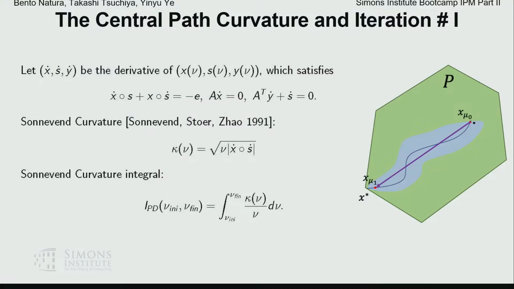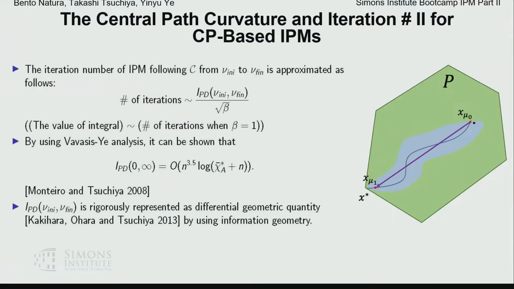Okay, so it's already proved. The number of iterations of a central path based linear program algorithm from initial mu to final mu is almost equal to this coverage divided by the square root of beta, where beta is the neighborhood width.